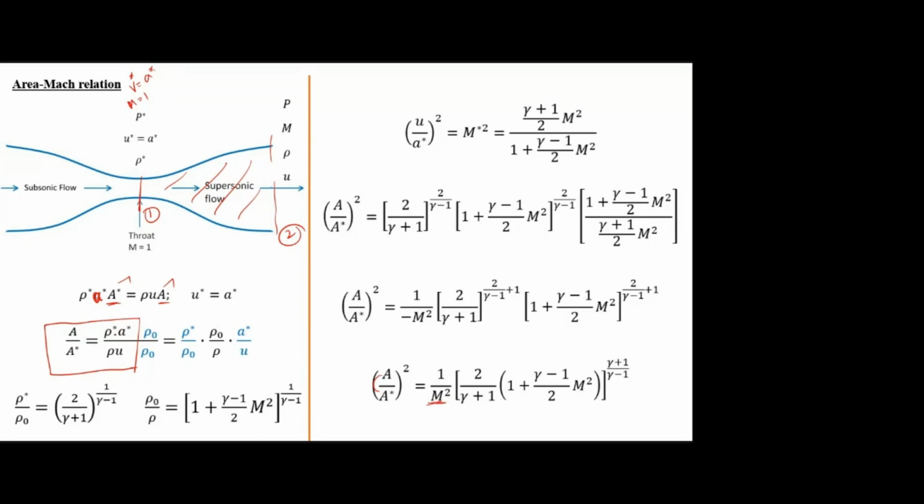So I don't want this rho star, rho, U, a star and all. To simplify this, I'm just multiplying by rho naught by rho naught. Okay, this is the original equation; I just rearranged the continuity equation. Then with that I'm multiplying rho naught by rho naught. Now how I'm going to write it is rho star by rho naught, then rho naught by rho, and the remaining term is a star by U. Is it clear?